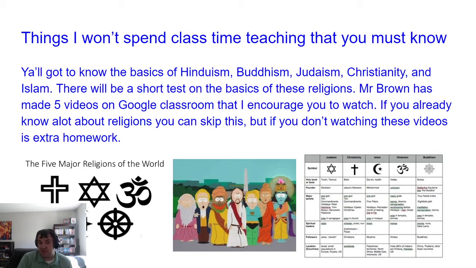But if you don't really know a lot about Islam, absolutely watch the video I filmed about Islam. I encourage everybody to watch these videos, but maybe you don't have to take full notes. You don't have to invest your brain as much as you would in my other AP World presentations.